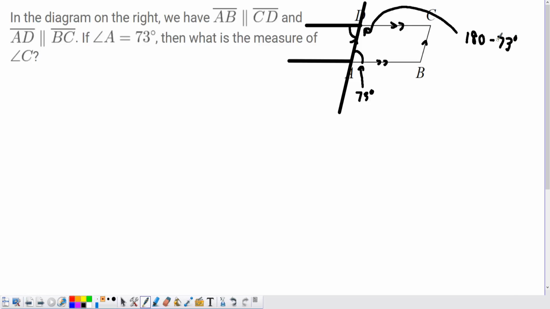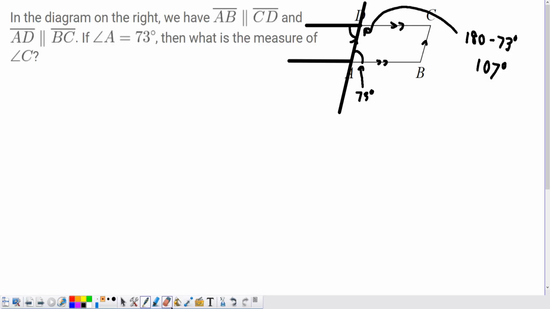Well, 180 minus 70 is 110. 110 minus 3 is 107. So now we know that that angle at D is 107 degrees.